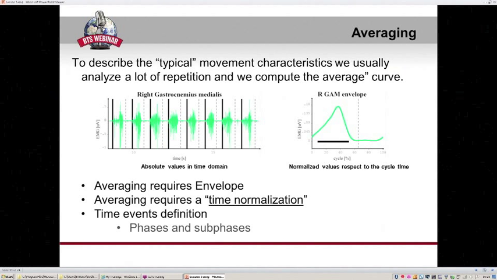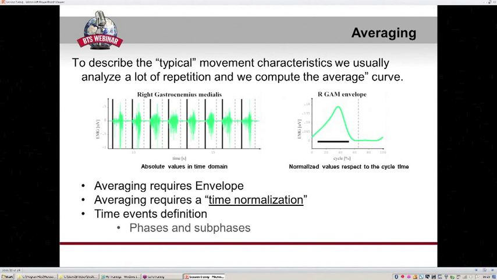So, as can be, for example, the case of the gait analysis, where we define the gait cycle between each heel strike, as the one represented by the vertical line on the image, and the foot-off events, for example, that on the image are represented by the dashed vertical line.